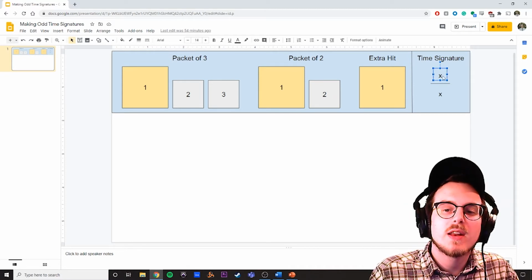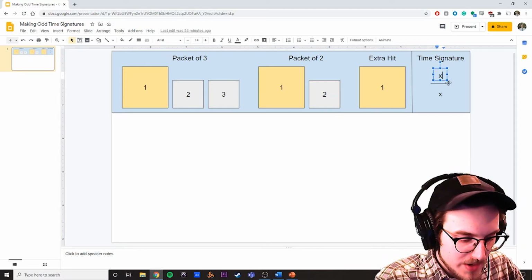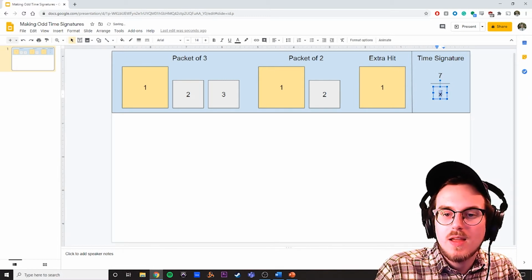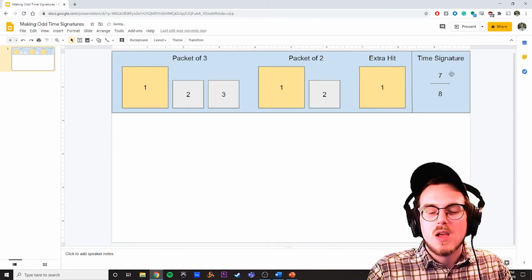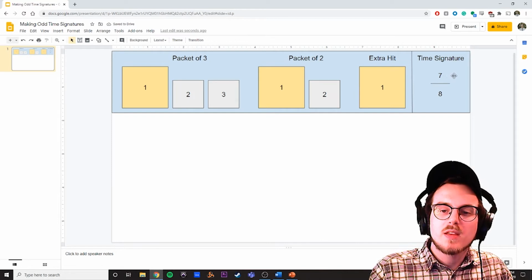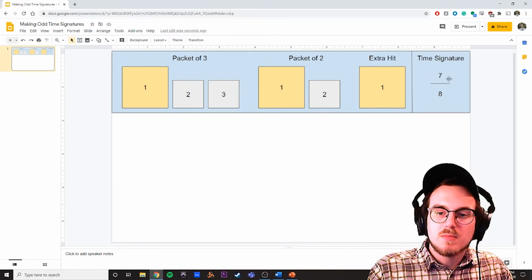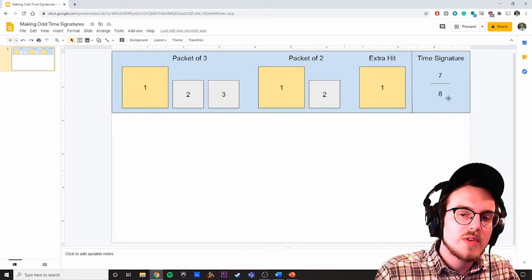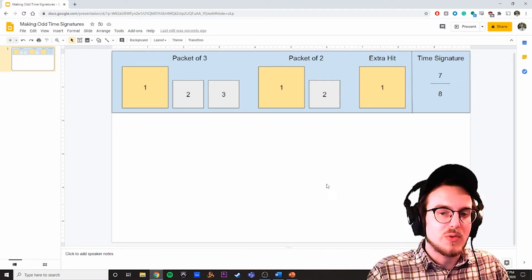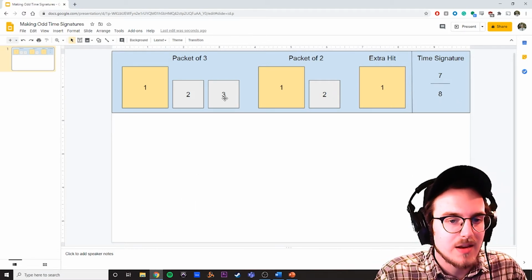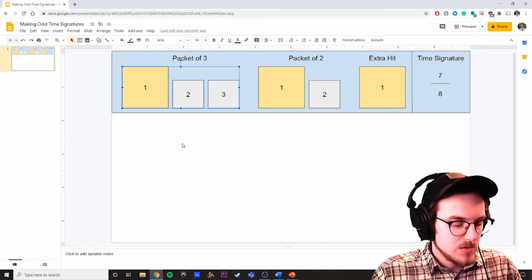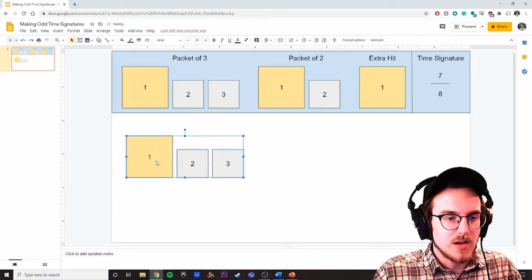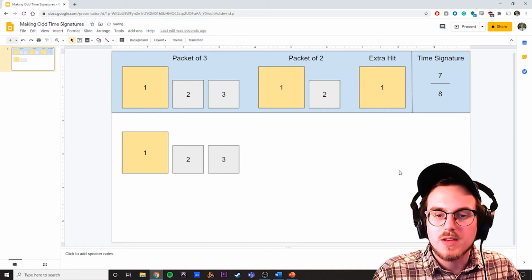So let's just say, if I wanted to write in 7/8, what would we do there? When I see 7/8, what I think is that 7 is each measure we have to get to 7 counts, and 8 is telling me we've got an emphasis on packets of 3, so we probably want to highlight that 3. There are a lot of different ways we can get to 7.